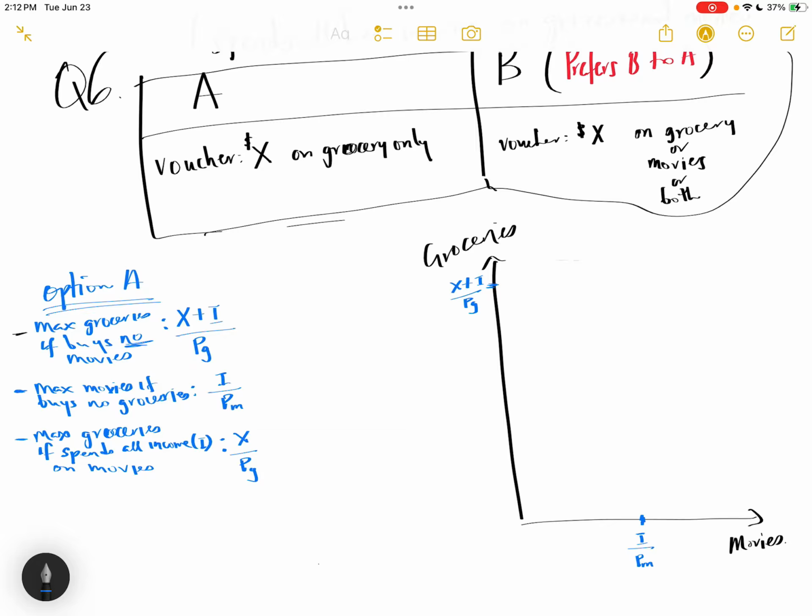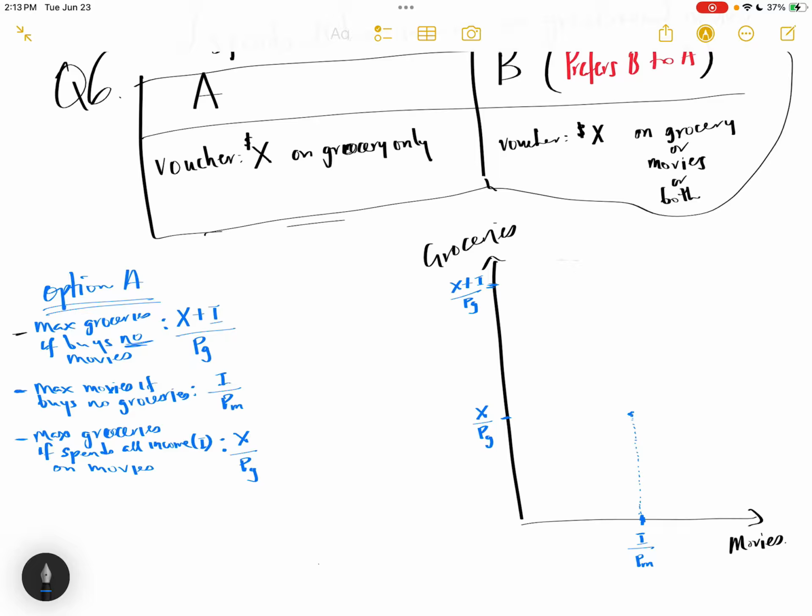Well, I'm on the graph now, right? The graph is to your right hand side. If the consumer is spending all of her income I on movies such that she's left with just the voucher to spend on groceries, this is what we will draw. This is how we will draw it.